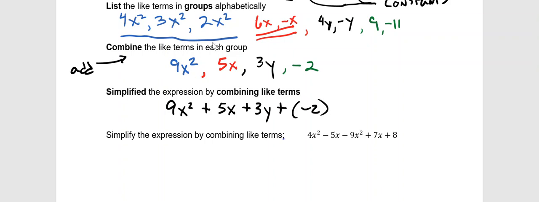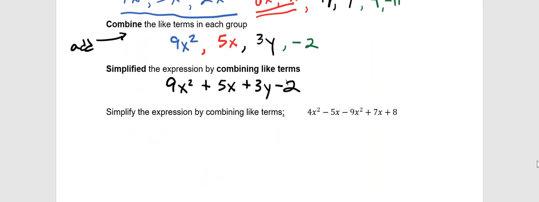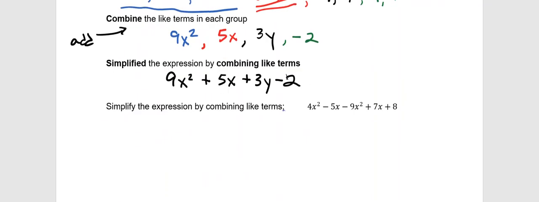So instead of saying plus negative 2, I just want us to get used to saying simply that it's minus 2. And that's done. That's it. We're done. So the original expression that you saw up above, by the time we're all done, it simplifies to this expression. And this should be equivalent to the expression that we started with up above.